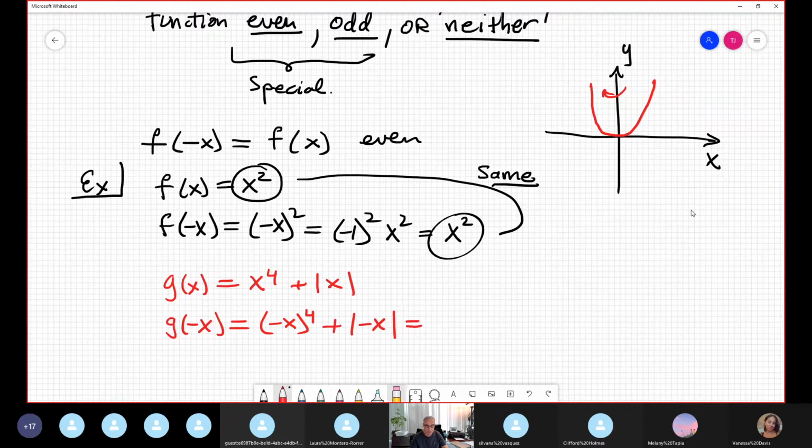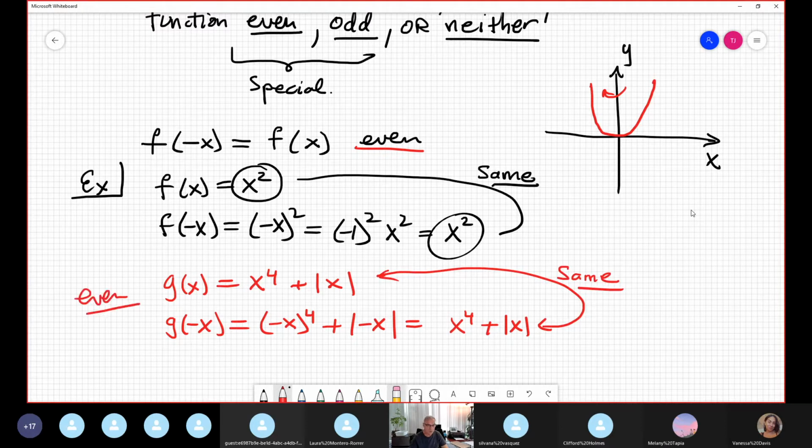When the exponent is even, which is the reason it is called even, it stays the same. And the absolute value of a negative number is equal to the absolute value of the positive number. We compare and they are the same. Therefore, that function is even.